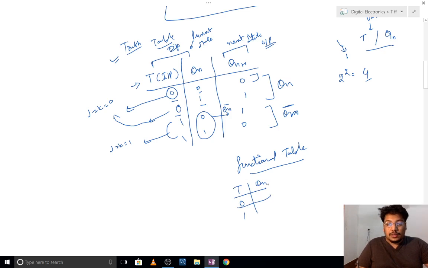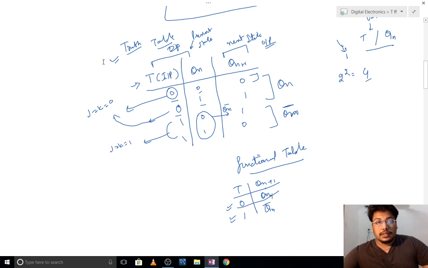Qn plus 1 will be, it means J equal to 0, K equal to 0 and Qn may be 0 or 1, so it will be Qn. It means J equal to 1, K equal to 1 and Qn may be 0, may be 1, it will be Qn bar, right? So this is the functional table.